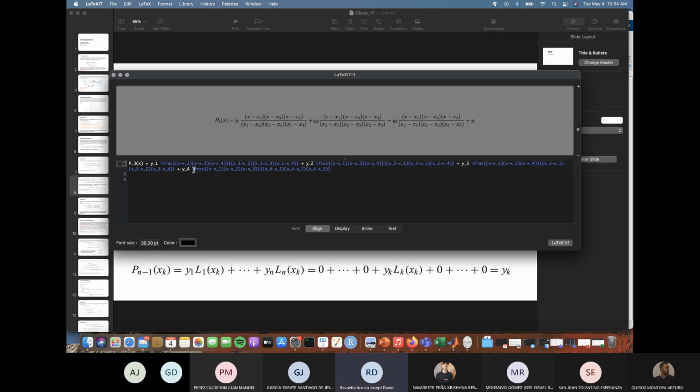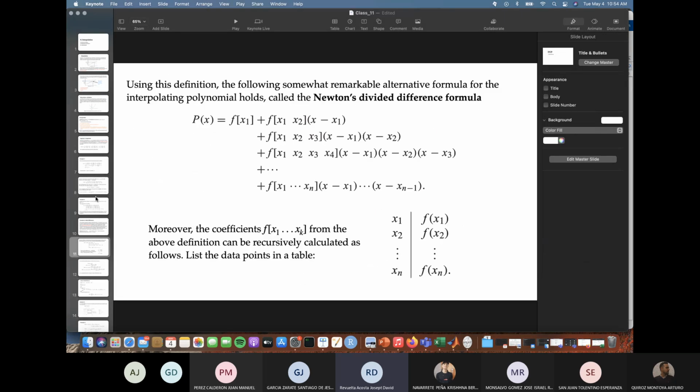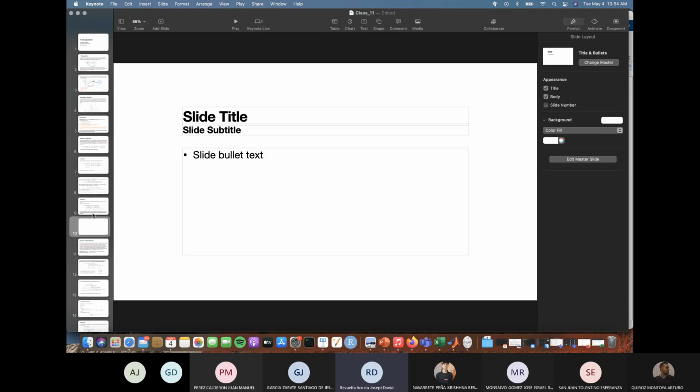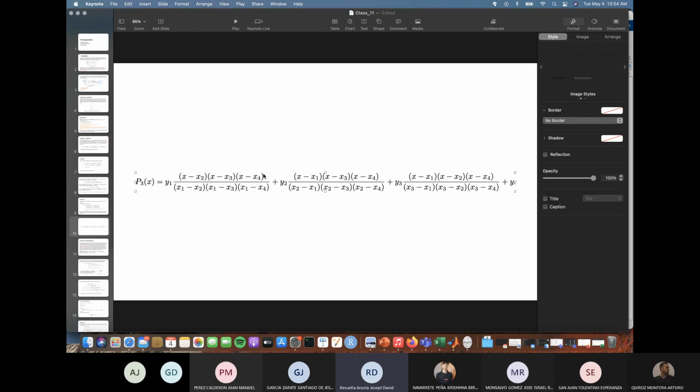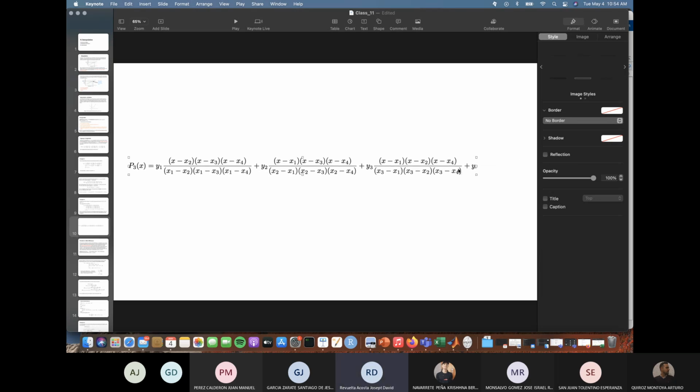Oh, why is this not showing up? Just copy as PDF, maybe. And then if we go to this expression, finally in example 2, let's just open another slide. Oh, wow. It happens the same.